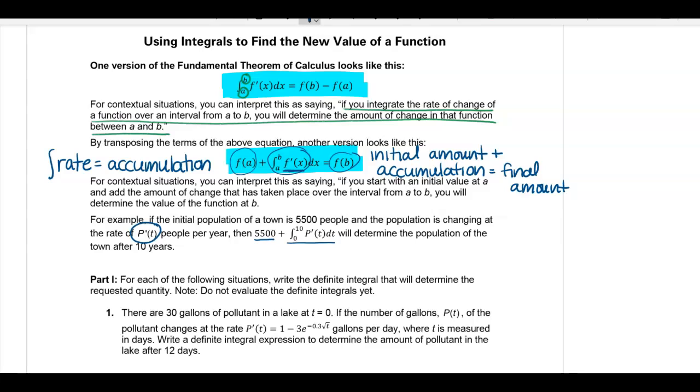When you're integrating that rate, technically we have the integral of p prime of t, which is people per year, and then you're multiplying by dt, your change in time, which would be years. Years cancel, and so that's why the unit of the integral of a rate would just be people in this case.